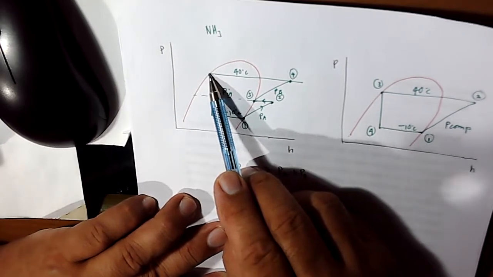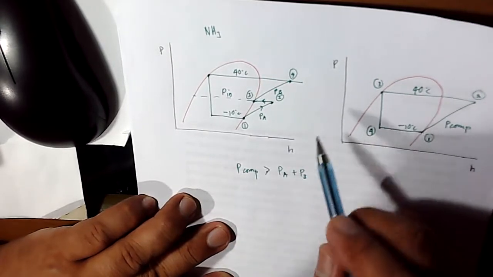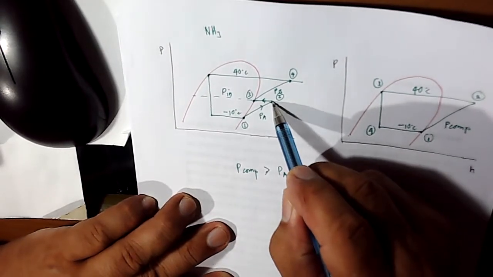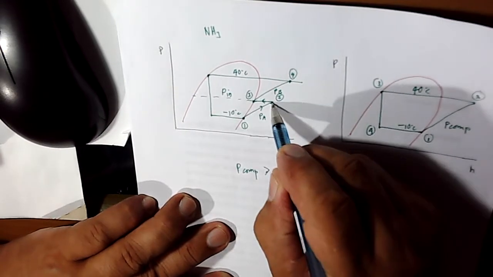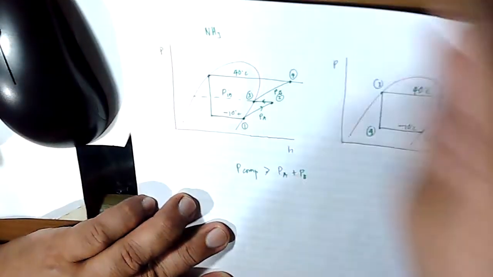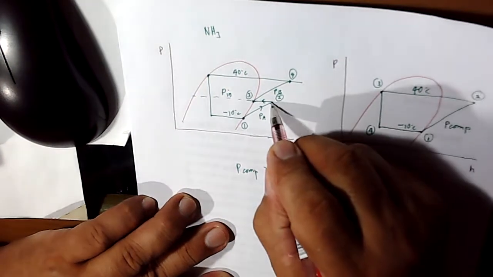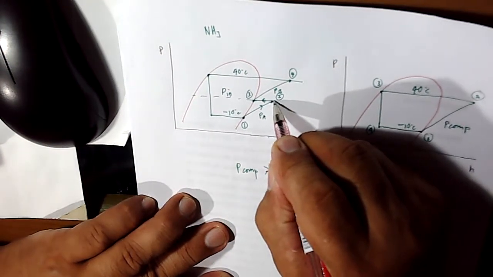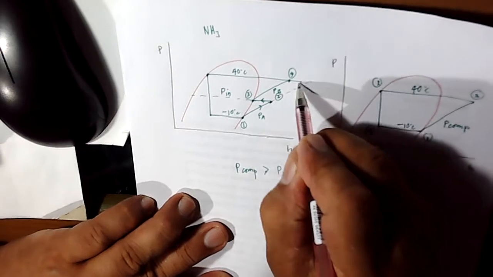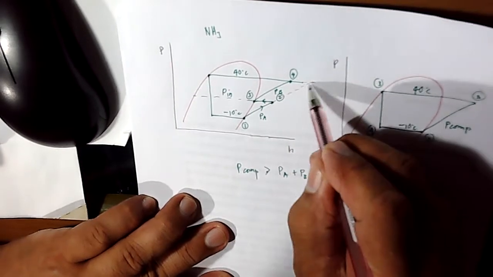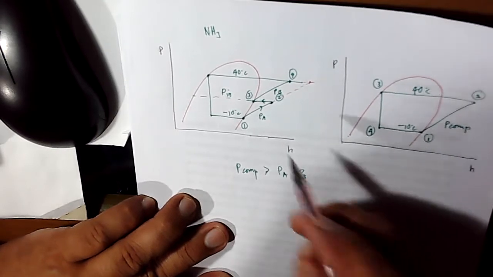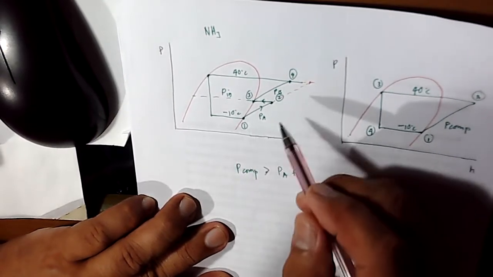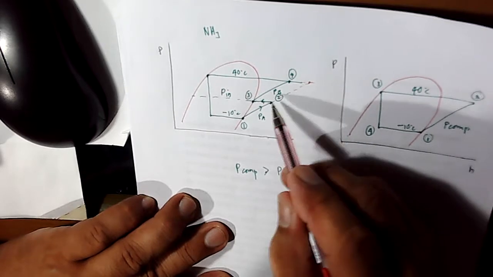Because if you use only one compressor, there is an isentropic constant line going to this point. It means that there is a gap, or the area is reduced.